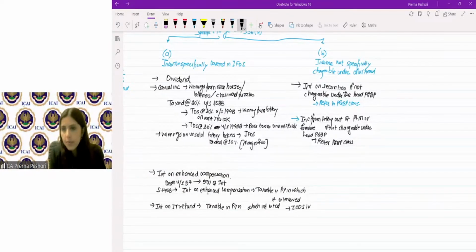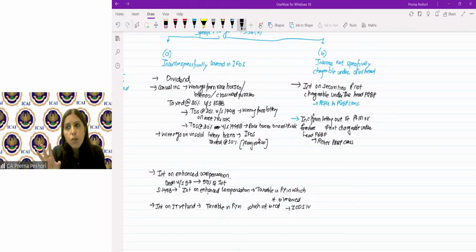Now I have disputed, so I received obviously the higher compensation. And because there was a shortfall of compensation, I received the interest on the enhanced compensation. Now the dispute arose because there was a doubt whether this interest should be taxable under income from other sources or whether this interest is a part of the sale consideration itself. Because the enhanced compensation is technically received since there was a shortfall, and since there was shortfall, I have received the interest thereon.